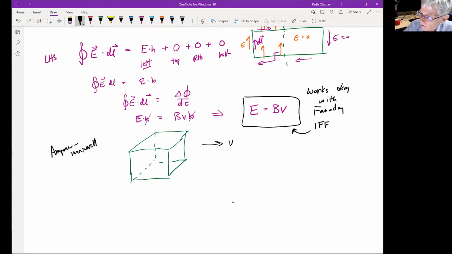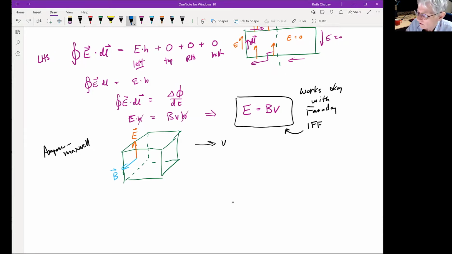We have E in the plus Y direction, and B in the plus Z direction throughout this region. What we want to do is take a path that's actually going to be in the XZ plane.